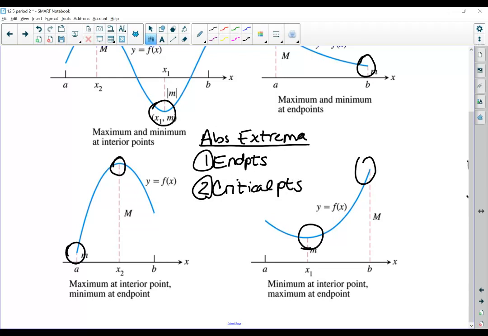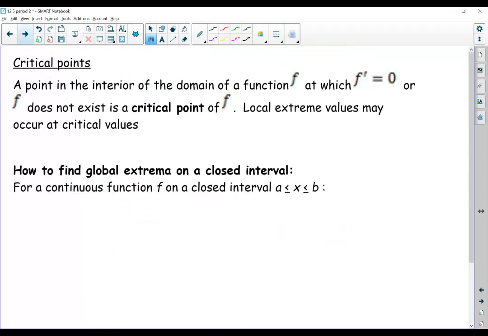So knowing if EVT applies will tell me that there's a max or a min. Then if I know EVT applies, I can find them because I know they have to happen at one of 2 places, either the endpoints or what we call critical points.